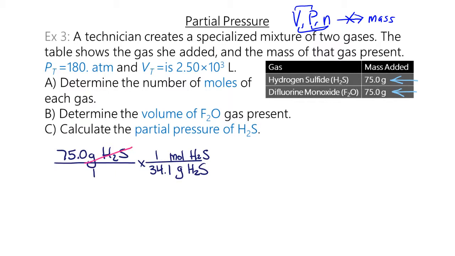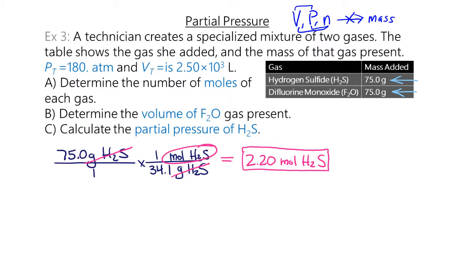My grams of hydrogen sulfide cancel, my moles do not, and I find that I have 2.20 moles of H2S in this container. Not my answer, but definitely part of getting there.